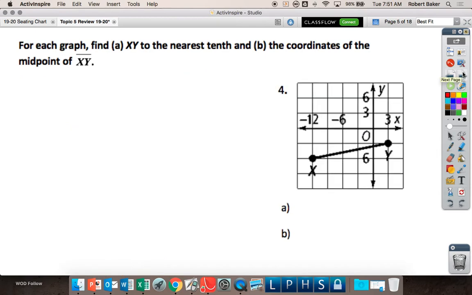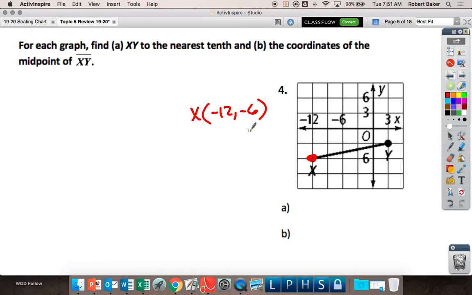So the purpose of these problems is not supposed to be distance and midpoint. The purpose of these problems is supposed to be, can you pull the correct points off the graph? So if you're screaming at me through your screen, we have this point X, and we'll try and carefully pull that point off. X is at negative 12, negative 6. 12 to the left and 6 down.